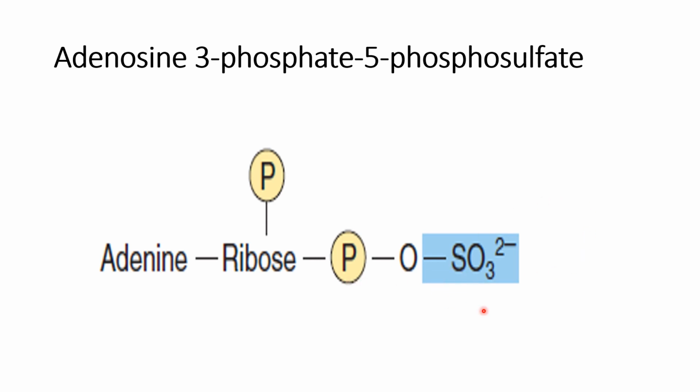This activated sulfate is given to different compounds like sulfated glycosaminoglycans, GAGs, which use this compound for sulfation. So it is very important, and all of these contain adenine, ribose, and phosphate, a nucleotide.